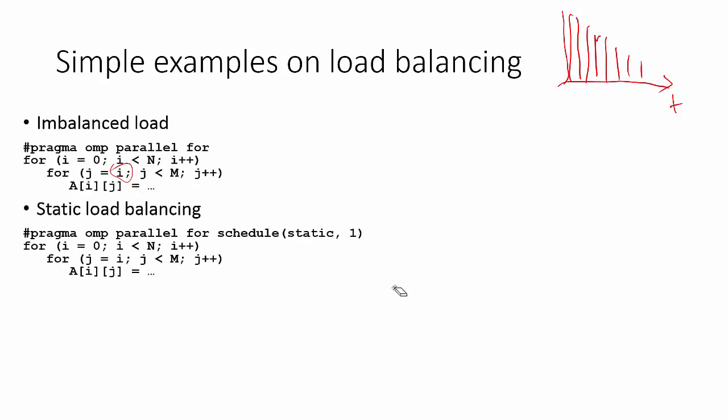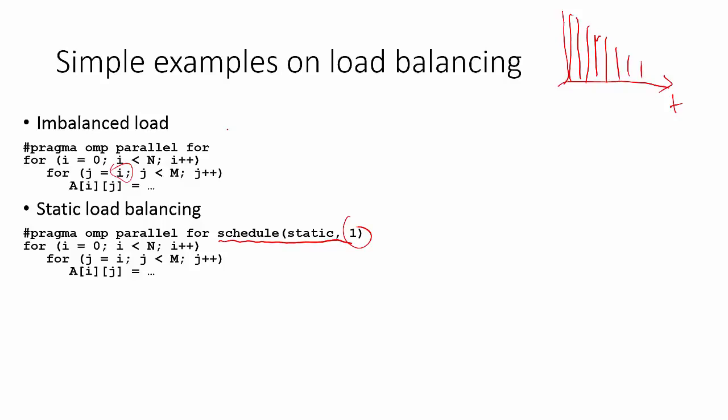You can improve this statically by adding a schedule static with a chunk size of 1. The default schedule is typically one where you take the for loop and divide it into a number of partitions equal to the number of threads.